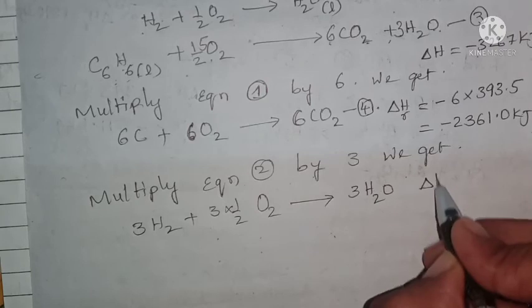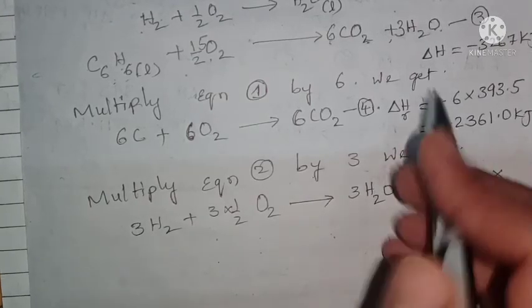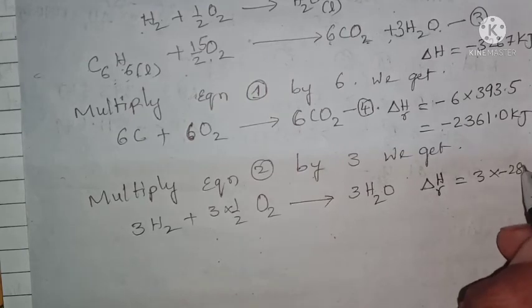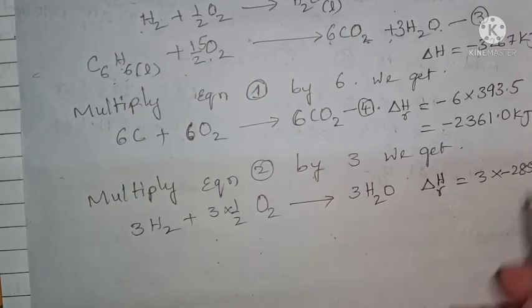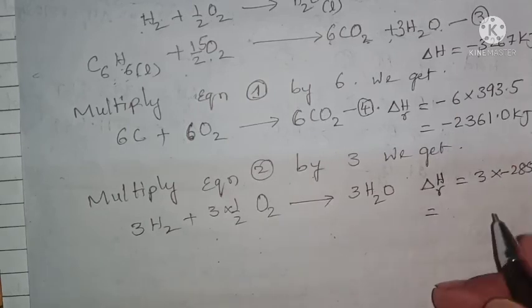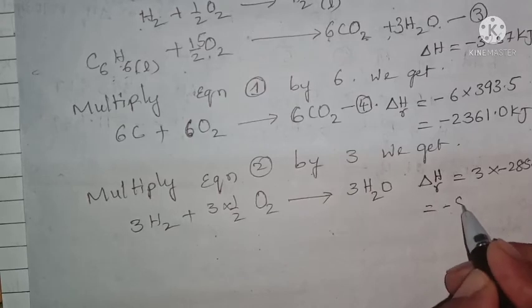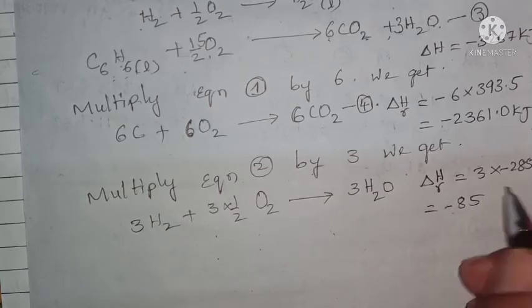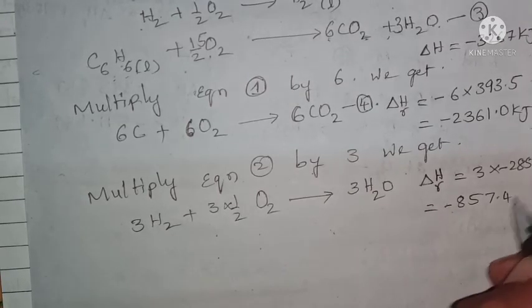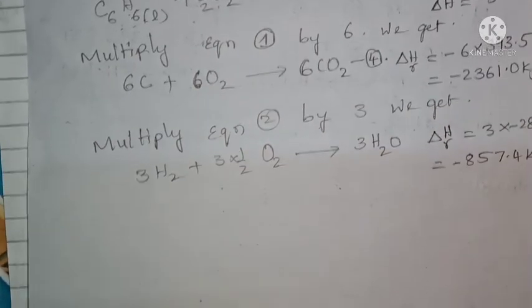Then delta H of this reaction, 3 into minus 285.8. So the value we are getting is minus 857.4 kilojoules.